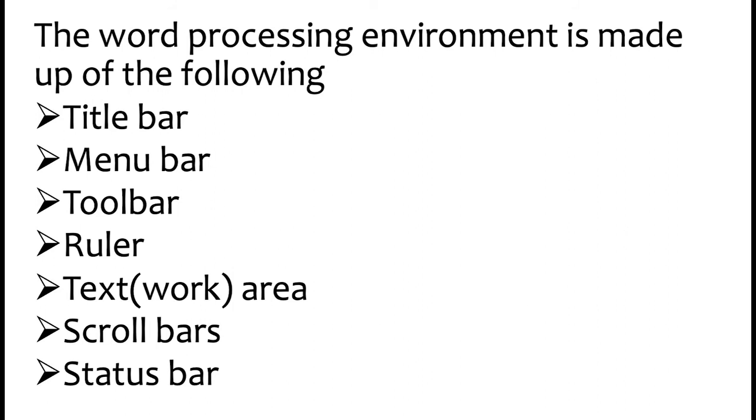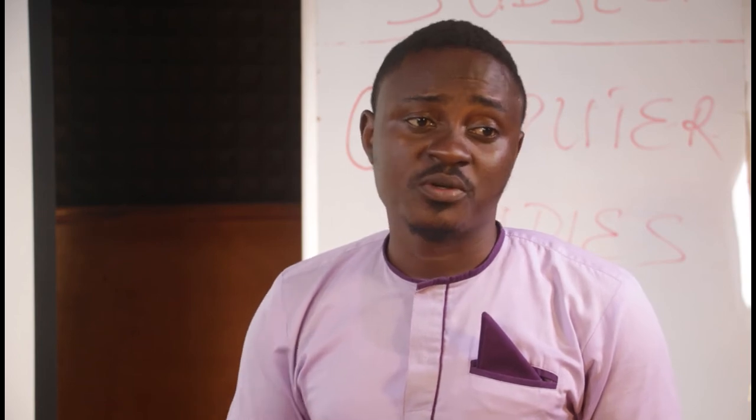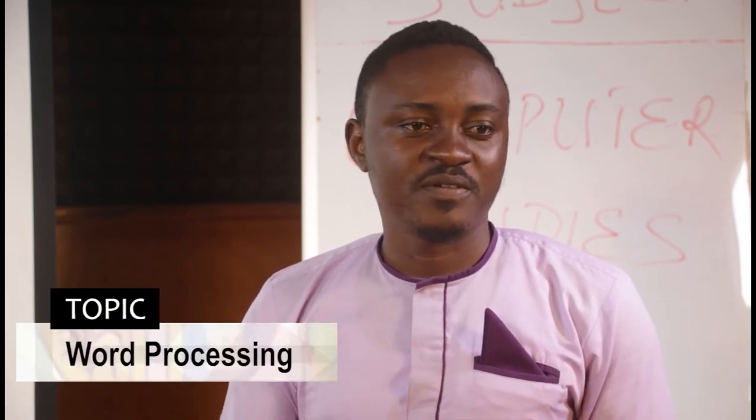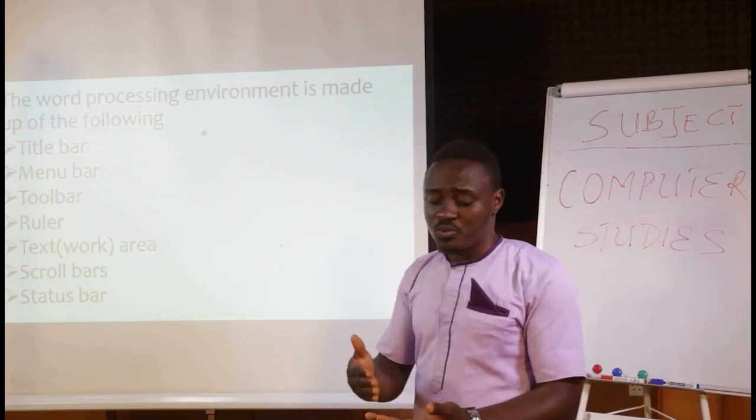Just like every work has a title, the title bar carries the title of your work. Then we also have the menu bar. Menu means so many actions you could perform in the word processor. When you go to any restaurant, you are given a menu to pick what you want. So when you are working on your word processor, that is Microsoft Word, which we would be considering, you would see most of these menus.